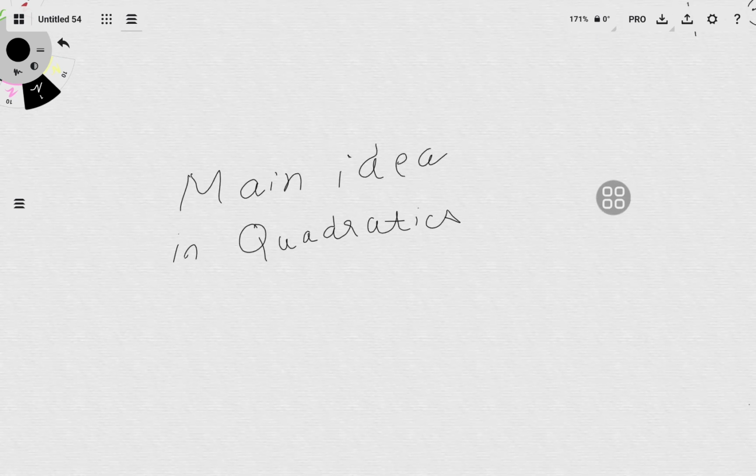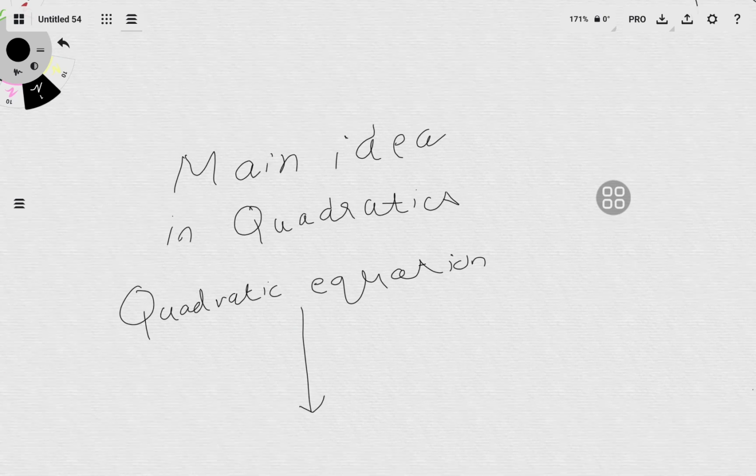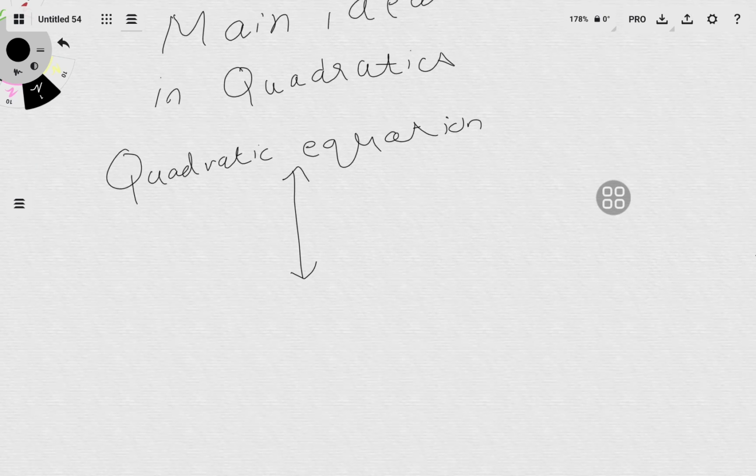Main idea in quadratics: we have the quadratic equation, which goes together with the graph.